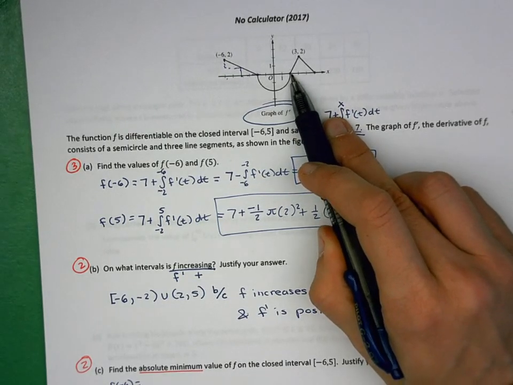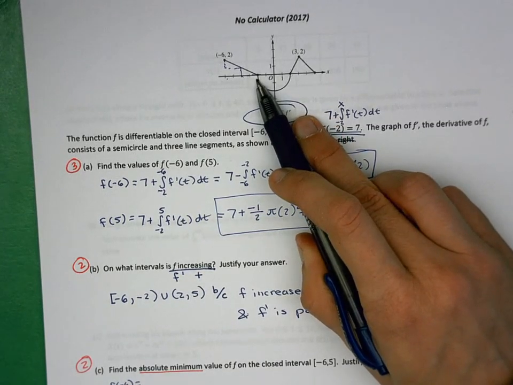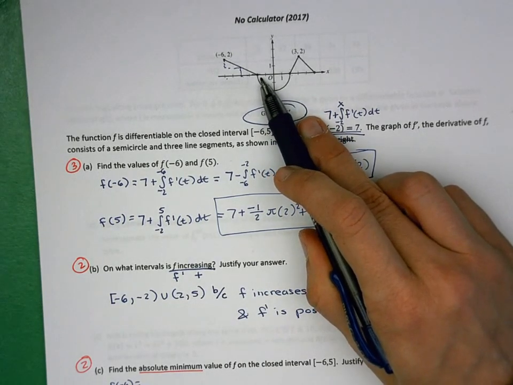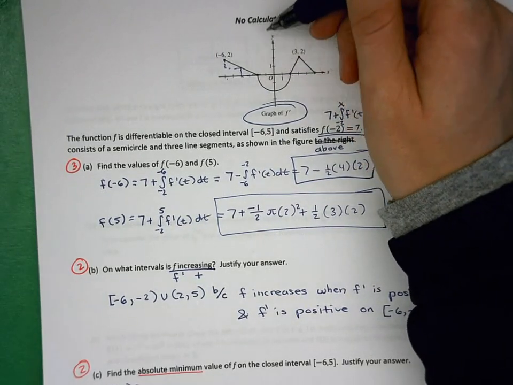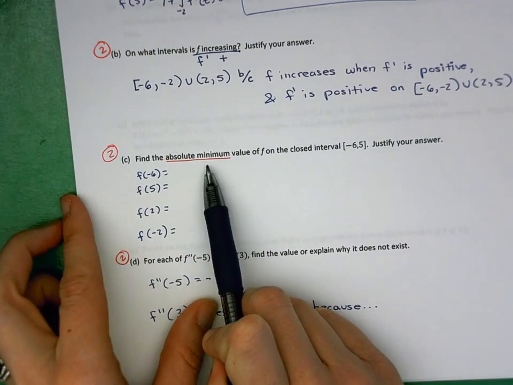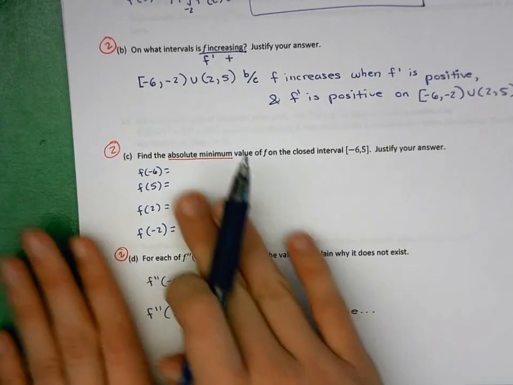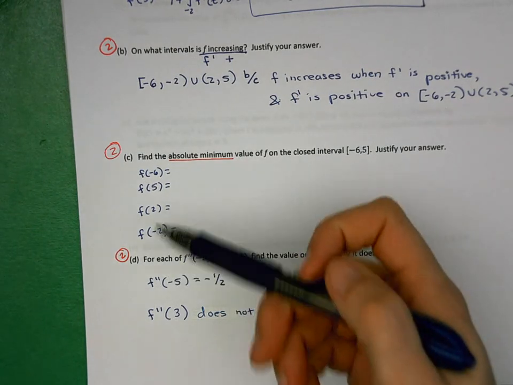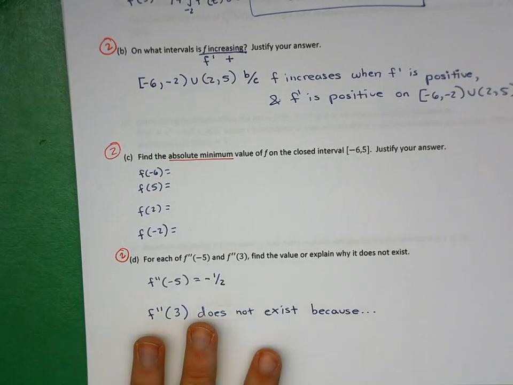Negative 2 I don't actually have to consider, although I'm going to, because negative 2 is a relative maximum, right? Because f prime changes from positive to negative at that point. It's a relative maximum, meaning there's no way it's going to be an absolute minimum. It could be an absolute maximum, and so if this were to ask us to find both absolute maximum and absolute minimum, I'd want to consider both negative 2 and 2.